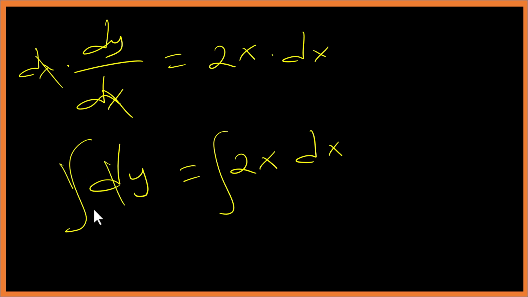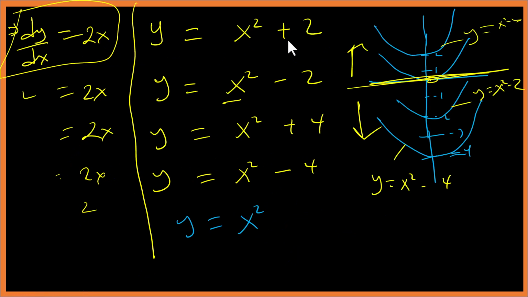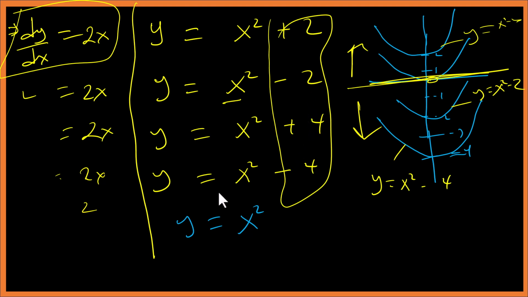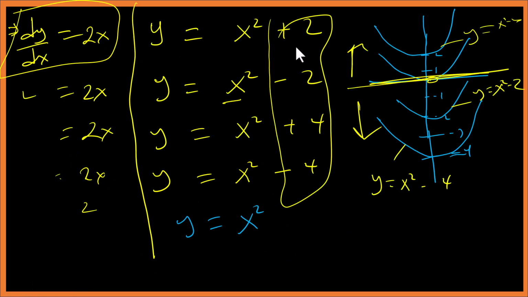The d will cancel, the integral of y gives y, and we have 2x squared over 2 plus c, so this one will cancel. So we have x squared plus c. The c stands for the constant, either plus or minus. That is why we always add c, to show that it's the reverse of differentiation. That is the rationale behind that.